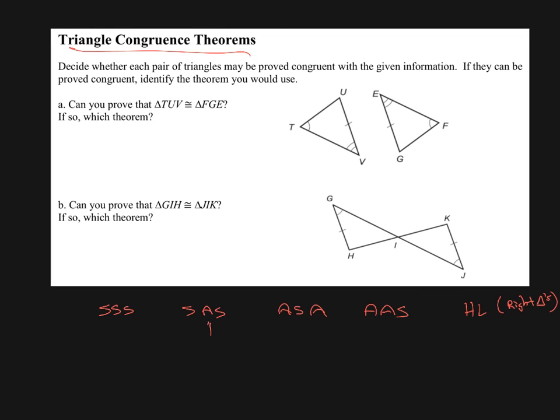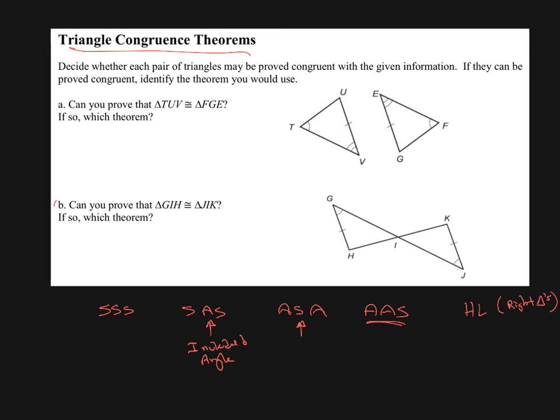So for right here, that angle has to be the included angle, the angle between the two congruent sides. This would have to be the included side, the congruent pair of sides that is included between the two congruent angles. And then angle-angle-side would be 2 pairs of angles that are congruent followed by the congruent side.